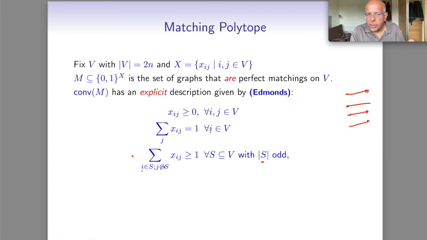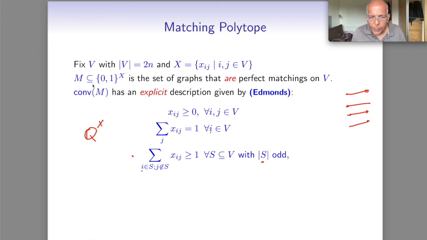So this is just relaxing that to the situation where the variables xij are now continuous, so they're not just 0, 1 valued. But the key point is that Edmonds proves that this defines exactly those vectors in Q to the x, the rational numbers, which are in the convex hull of the set of matchings.